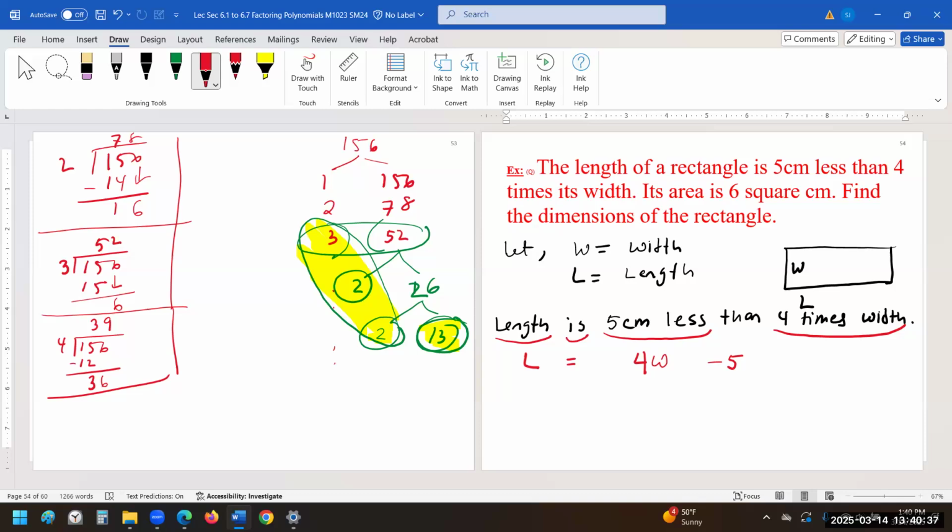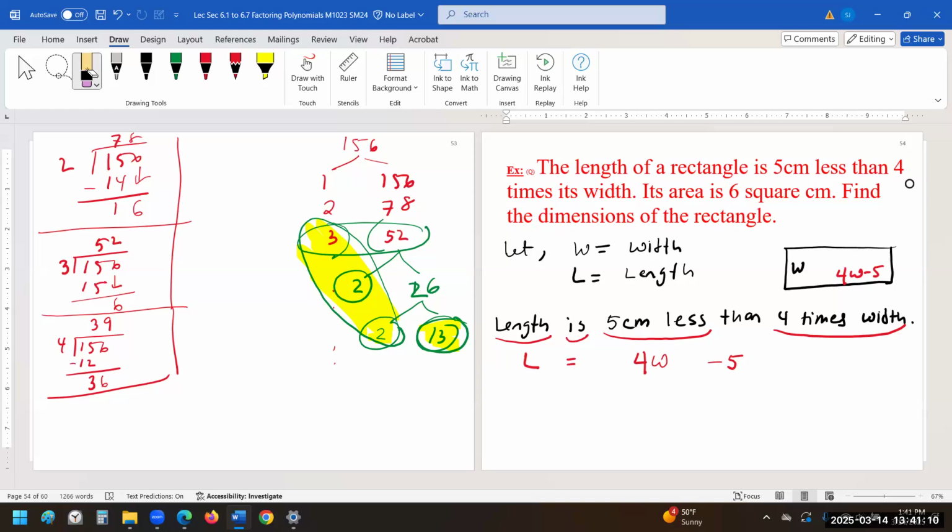So this L you see here is the same as 4W minus 5. So let me erase this. This side is W and this side is 4W minus 5. Was anything unclear? No, right? Then you go and do the next sentence.